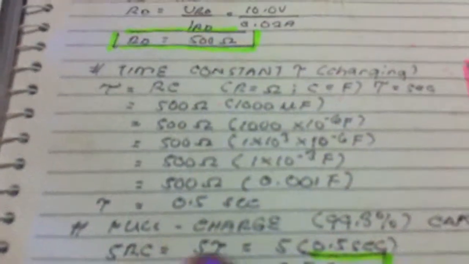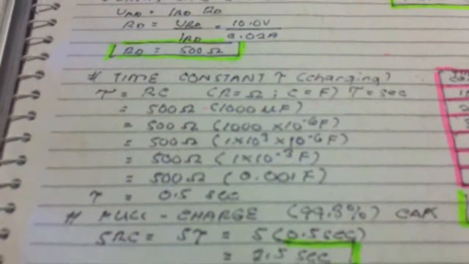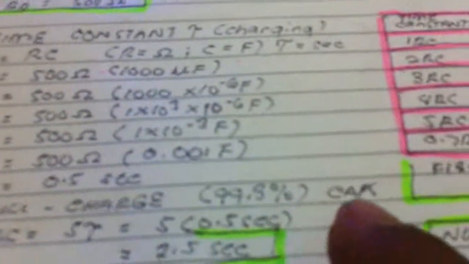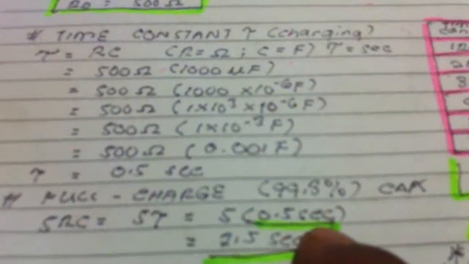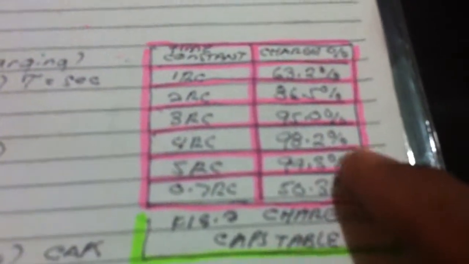To make the capacitor fully charged to 99.3%, we need 5 time constants, or 5 RC, or 5 tau, which is 5 times 0.5 seconds. We get 2.5 seconds here. So this is the table for the time constant of the capacitor. One time constant is charging it to 63.3%. 3 time constants, 4 time constants, and in 5 time constants, 5 RC, it is 99.3% fully charged.